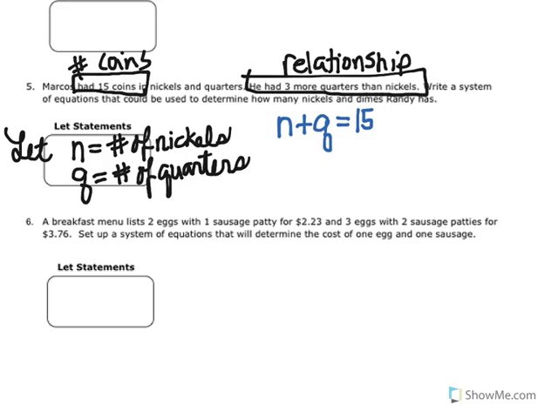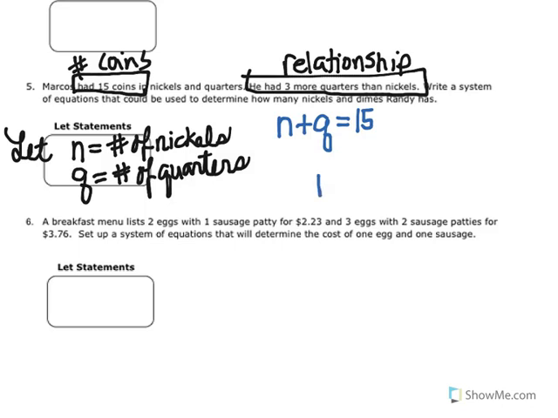Now, let's look at the second one. This one's going to be a little more difficult. It says, Marcos had 3 more quarters than he does nickels. So I want you to think about this because we want to write an equation. If you want to know how many quarters he has, what we really need to do is talk about the nickels.